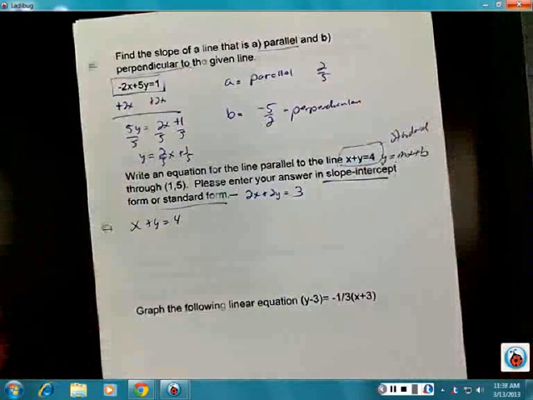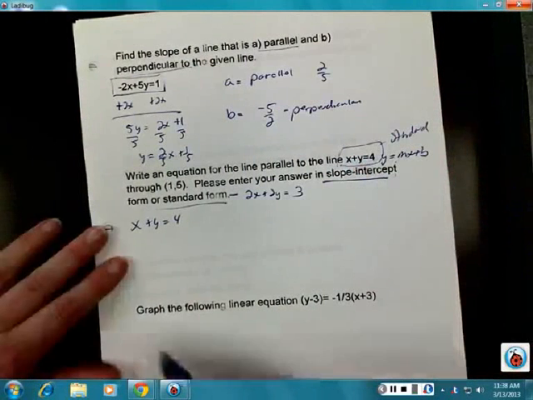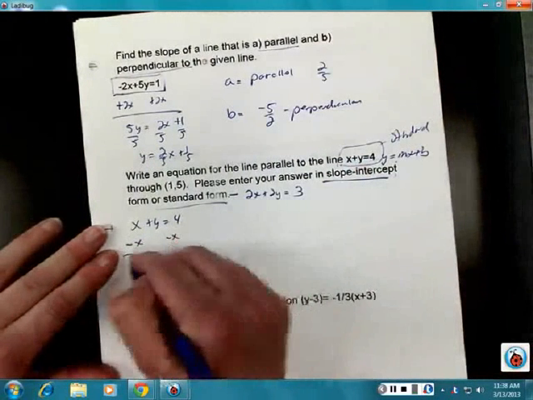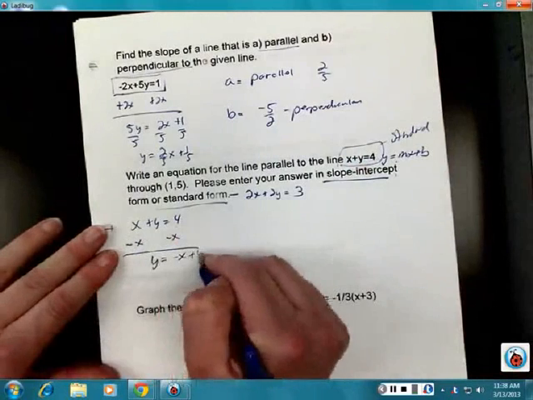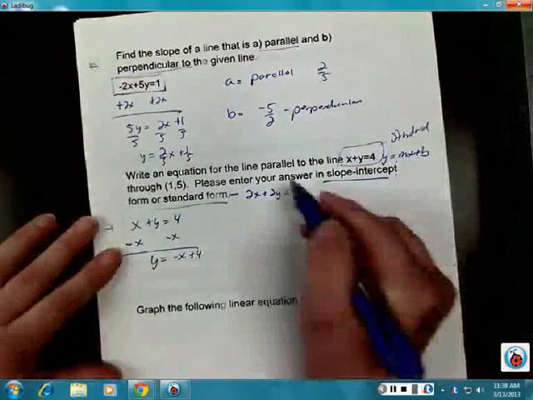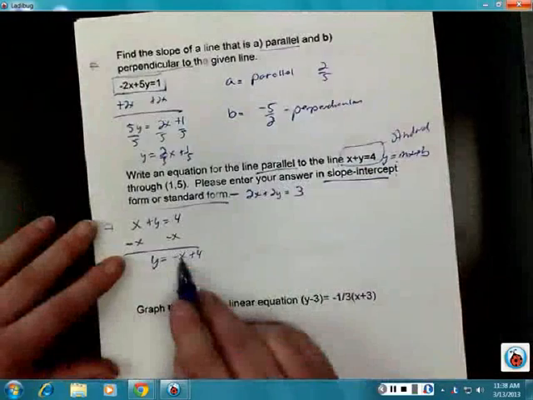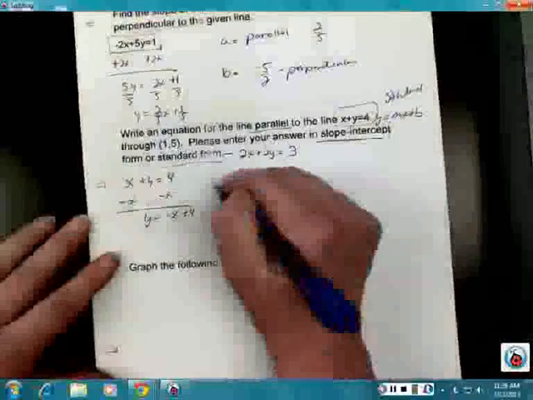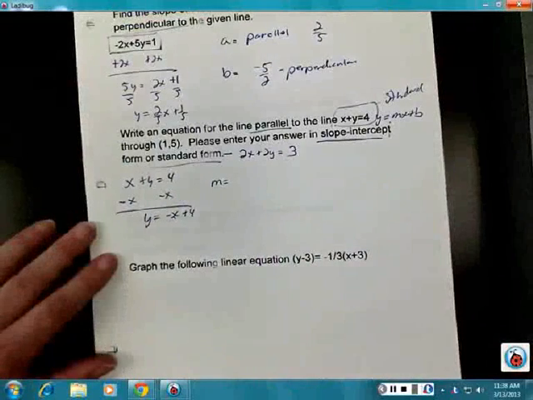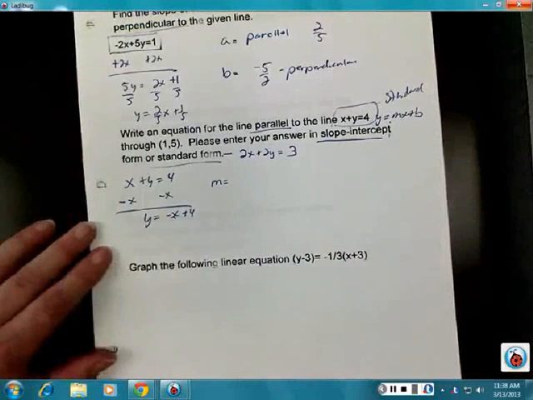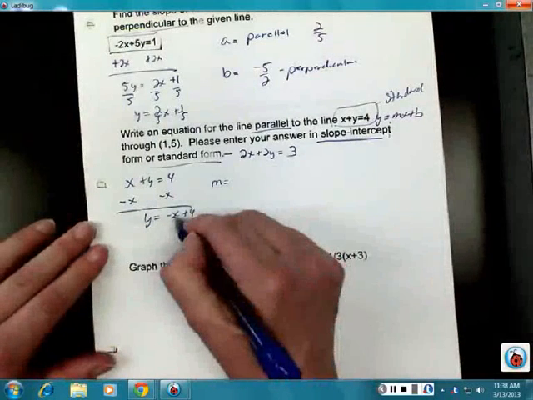That's the easy one to work with. So when I minus x out of here, I get y equals a negative x plus 4. And I want it parallel. So what's my slope going to be if I want it parallel? Negative, what's in front of x? 1. Yep.